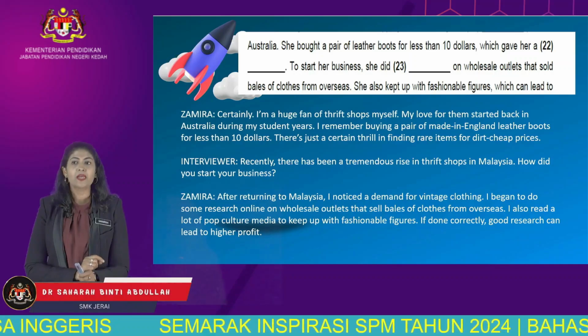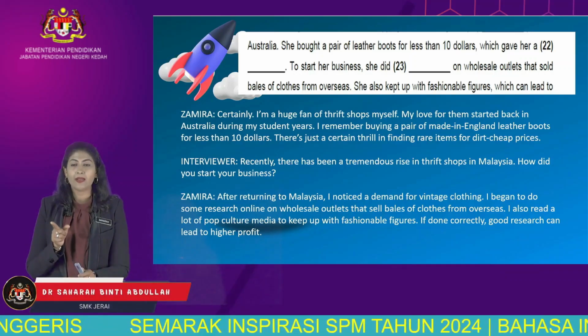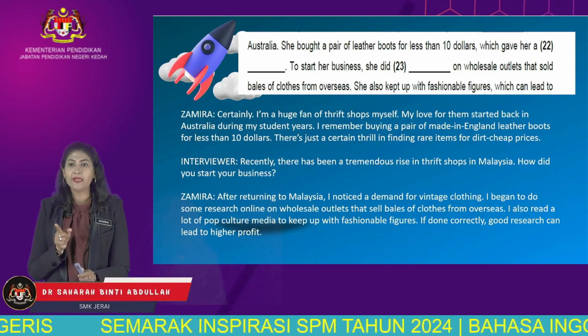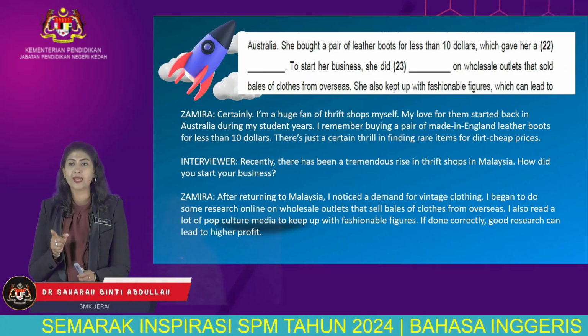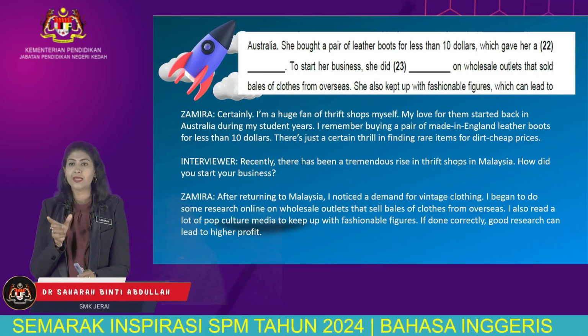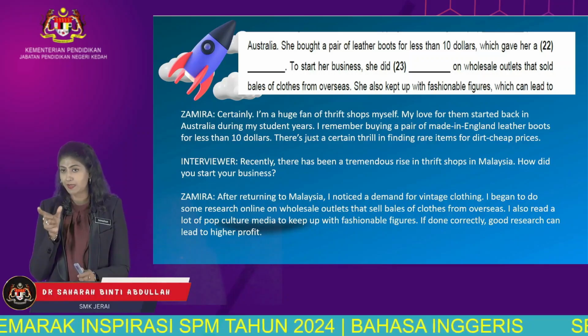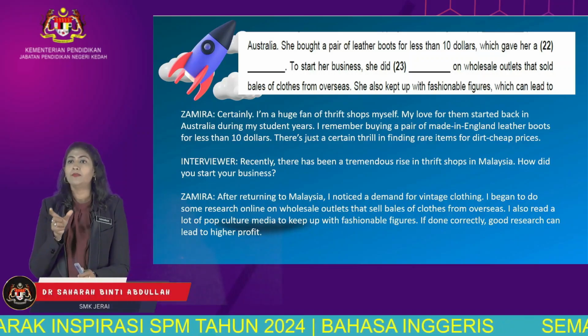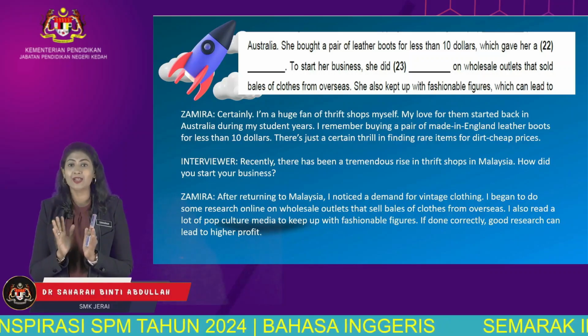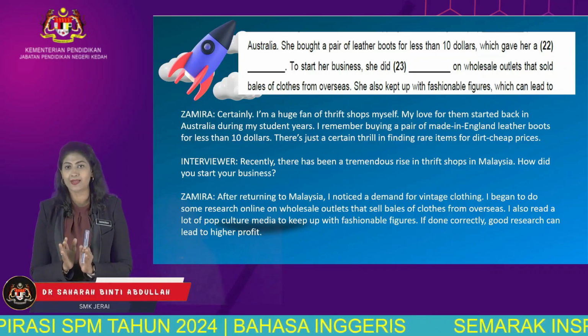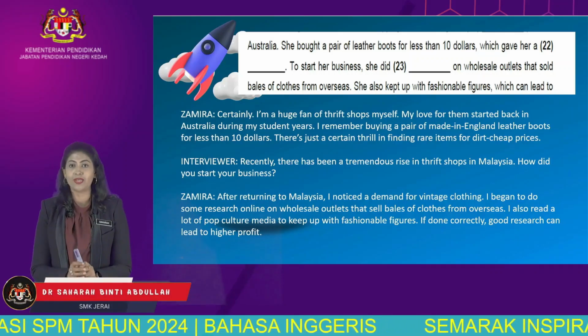You see, the clue in the answer given by Zamira. I began to do some research on wholesale outlets. You see, wholesale outlets are there. Okay, and then began to do, but here she did. So these are the clues where how you can guess the answer. So the answer is actually research.